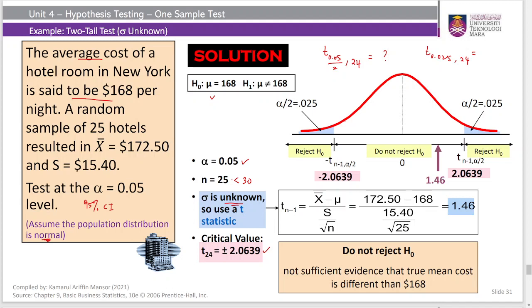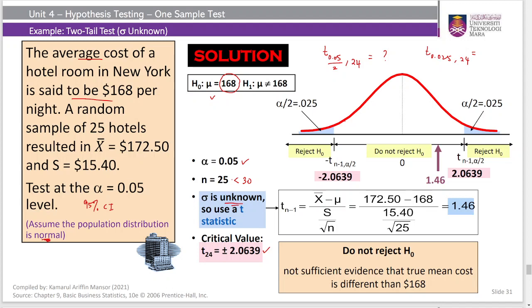So in this case, x bar is 172.5 and mu is equal to 168. You take back whatever is in the hypothesis. And then divided by 15.4, that is the standard deviation. Here you have to be very, very careful.